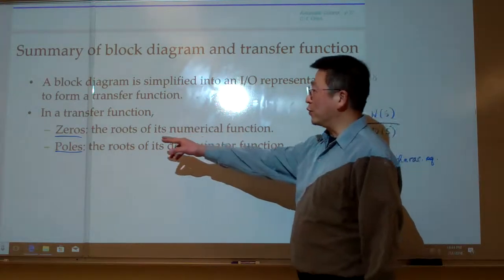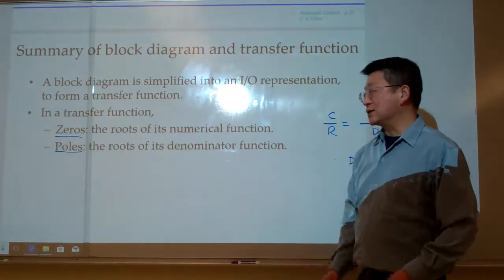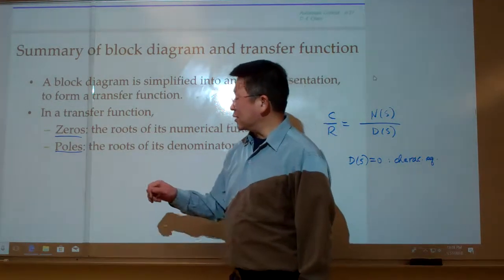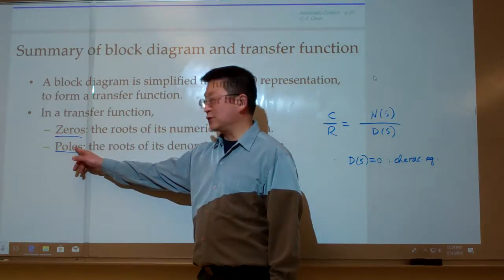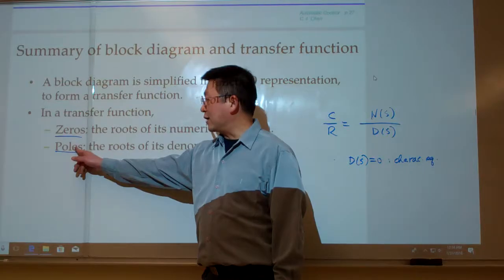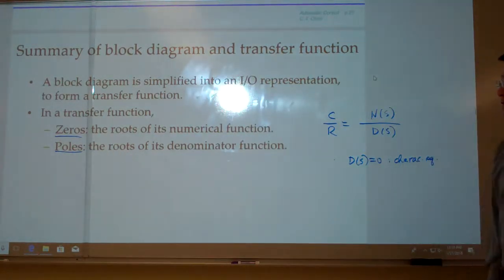Zeros more or less determine the magnitude and steady-state error, but most of the time in the first step of learning controls, we will touch the poles. We will study the poles first. So that is the quick summary of this.